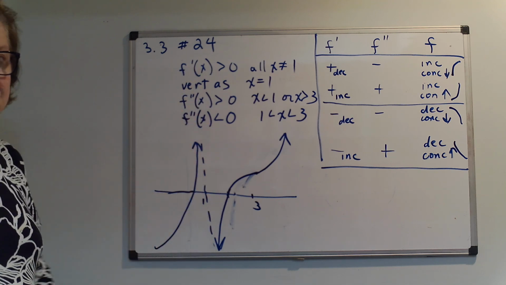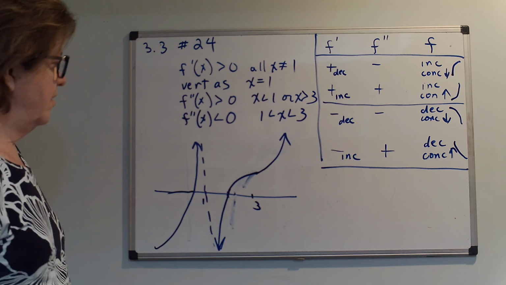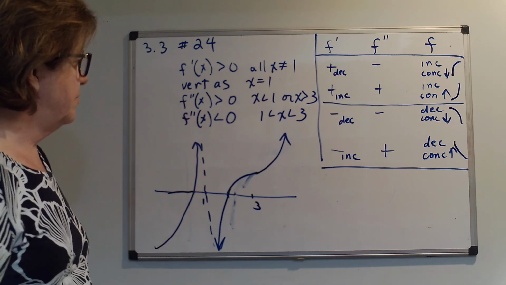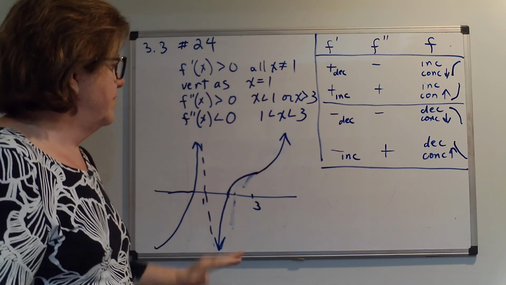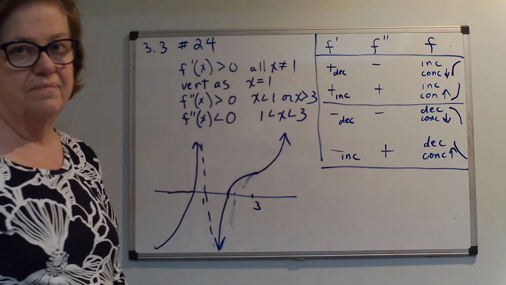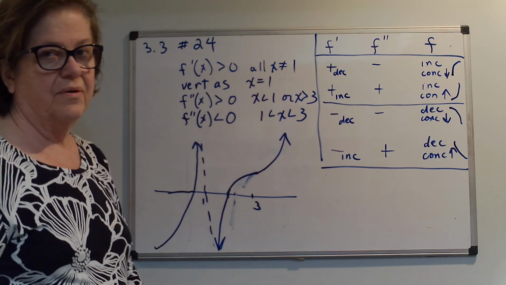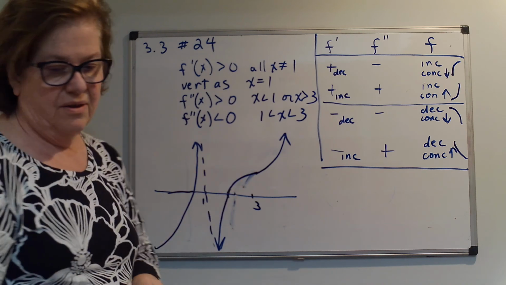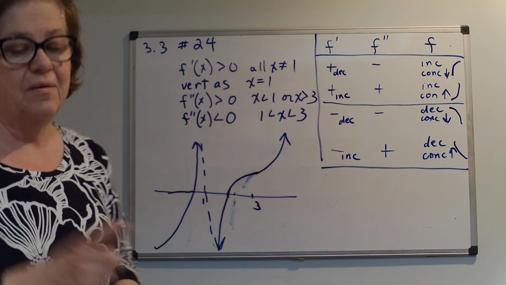You can have an infinite number of possible graphs, but it's got to be increasing concave up, vertical asymptote, increasing concave down, increasing concave up. So we know the shape, even though we don't know the function values. So that's number 24. I'll be back with more.